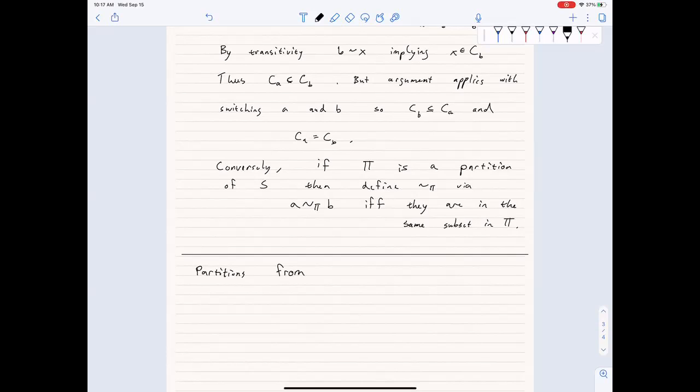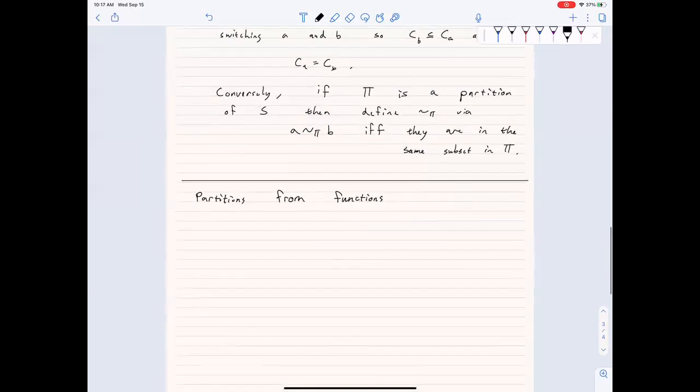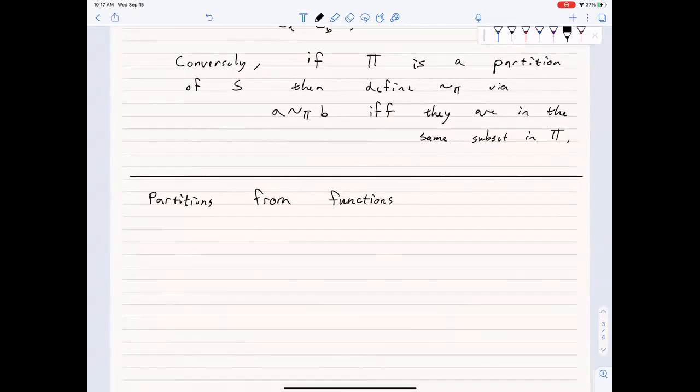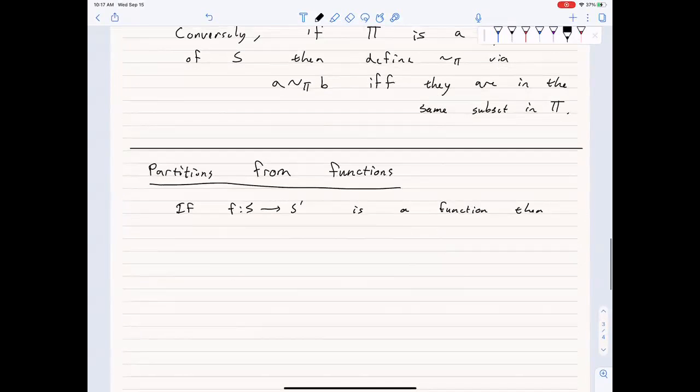Well, one way is to consider functions. If S and S prime are sets, and say f sends S to S prime, so I have two sets and this is a function, then I can get a partition on S by just taking the inverse image of all the elements of S prime.